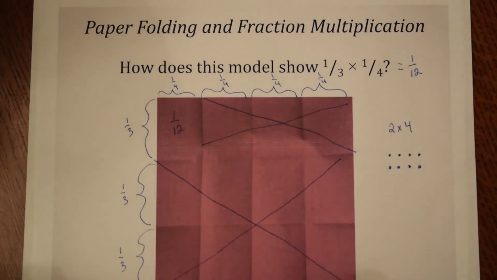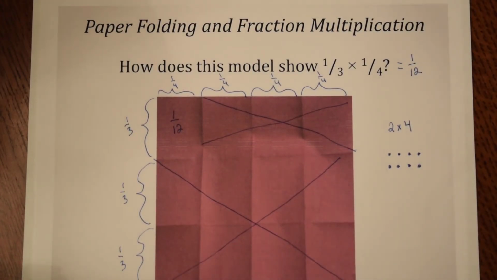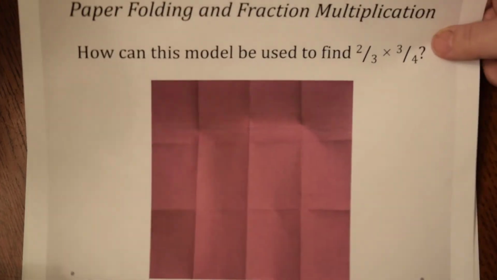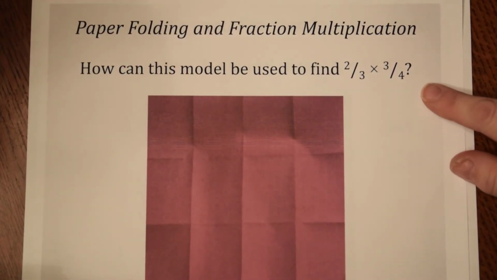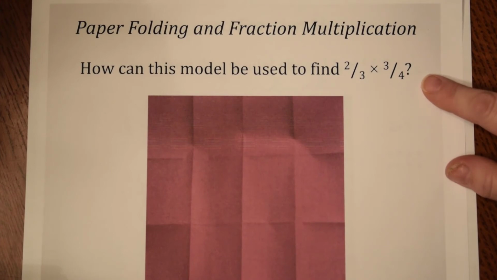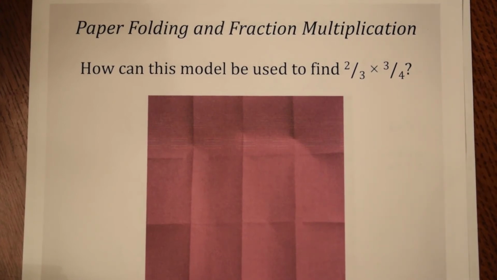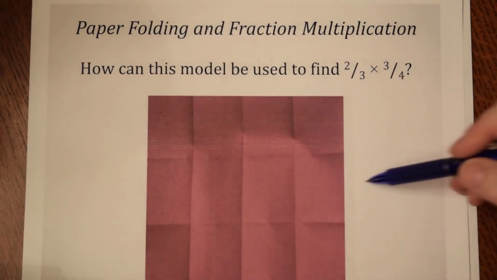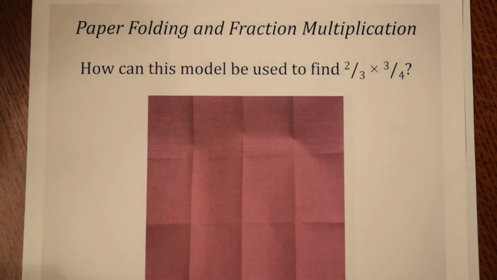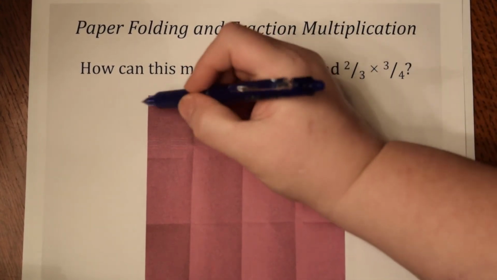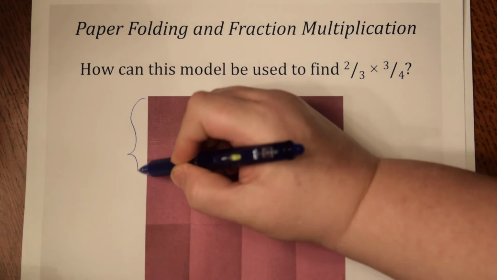Okay, well, let's take a look at a slightly different problem. So we want to find 2/3 times 3/4. Well, once again, we would fold our paper into thirds, but this time we want 2/3.